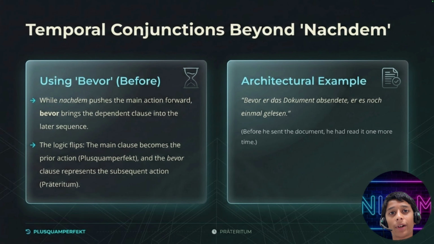Before he sent the document, he had read it one more time. Notice the roles have swapped compared to our nachdem examples. Reading, Plusquamperfekt, happened first chronologically, but grammatically it's now sitting in the main clause, because bevor is describing the later event, the sending. This takes a bit of practice to get comfortable with, so don't worry if you need to pause and rewatch this section.